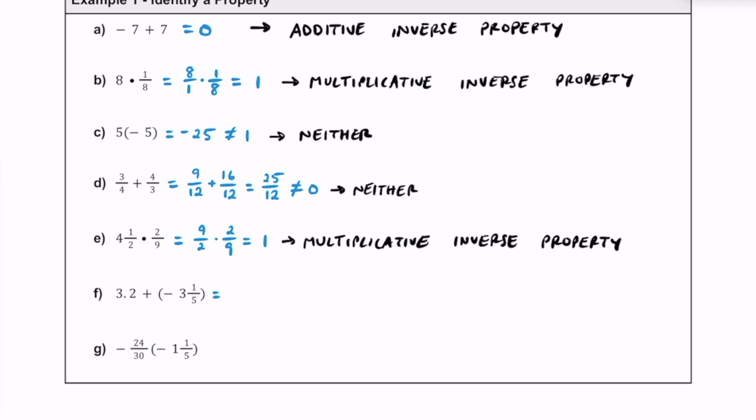So 3.2, keep in mind that 3.2 is the same thing as what? 3 2/10, which is 3 1/5 here. So this is really the same thing as 3 1/5 plus this -3 1/5. So these are opposites, and when you add these, you get 0. So I think we can go ahead and say that this does represent the additive inverse property.